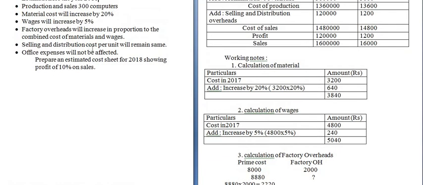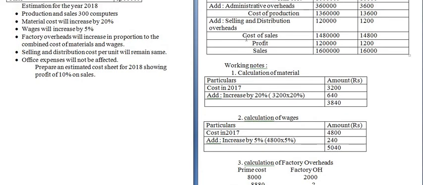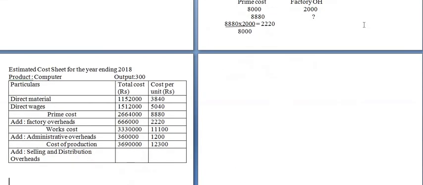Selling and distribution cost per unit will remain the same. They have told cost per unit will remain the same. Okay, now go through the chart of 2017. So selling and distribution cost per unit is 1200, which will remain the same.